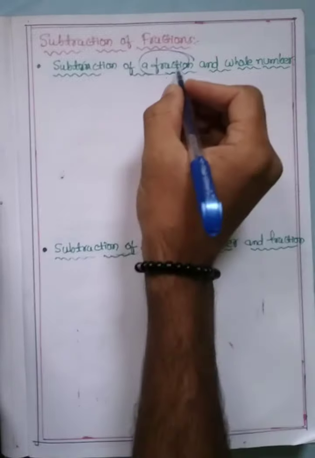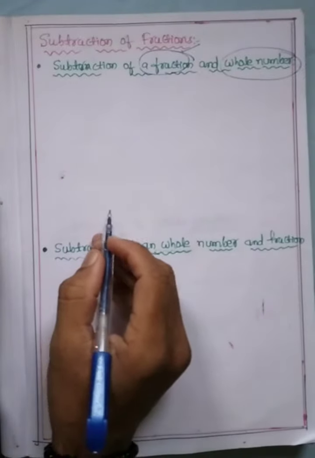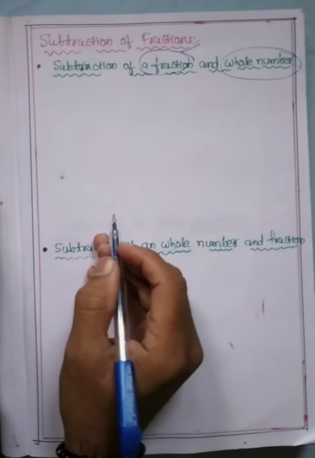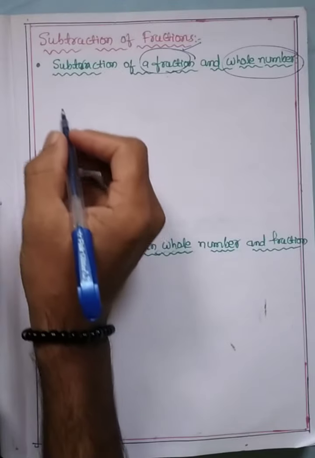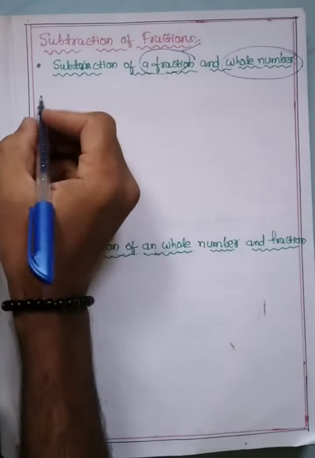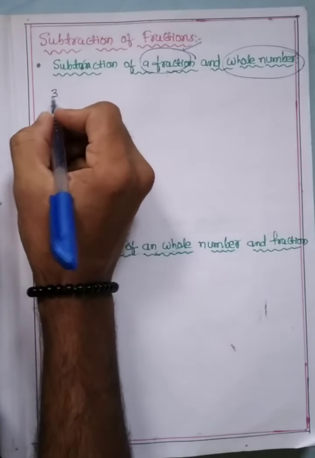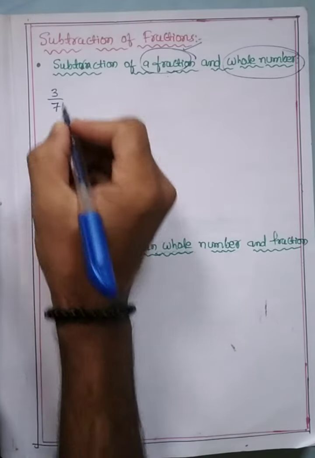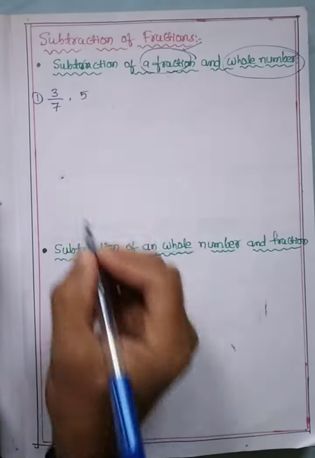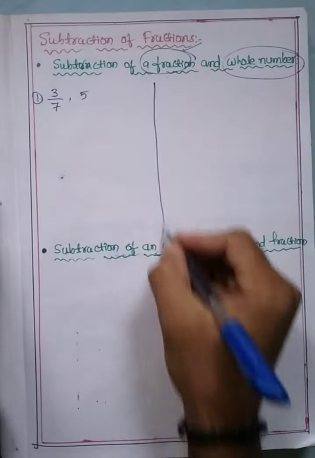So that's why I want to take a fraction, and after that I want to take a whole number. Just observe here how I solve this problem. Subtraction of a fraction and whole number. First take a fraction like 3 by 7 and take a whole number like 5 or another number.